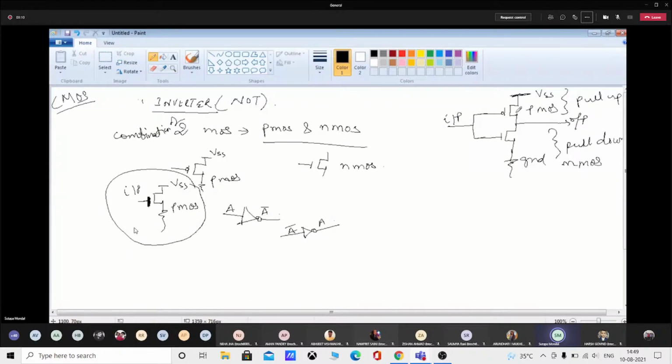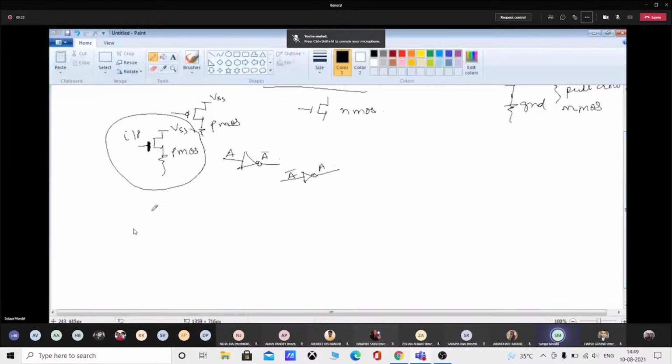Okay, now the second thing, which is very much important. Whenever there is a dot in the expression, PMOS will be in parallel, NMOS will be in series.